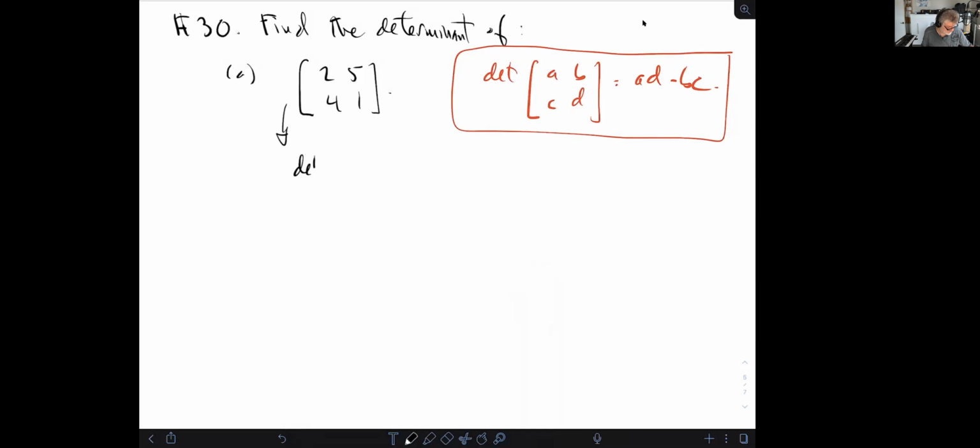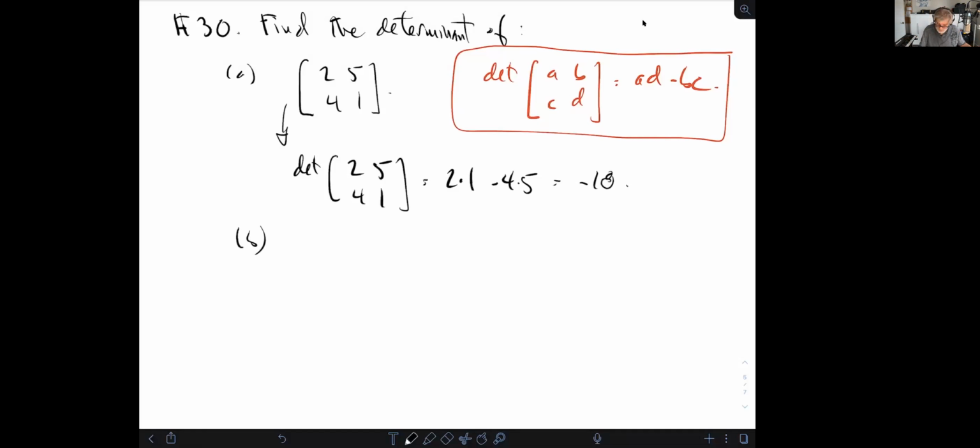So the determinant of the matrix 2, 5, 4, 1 is 2 times 1 minus 4 times 5. That's minus 18. That's it. They're all the same, right?